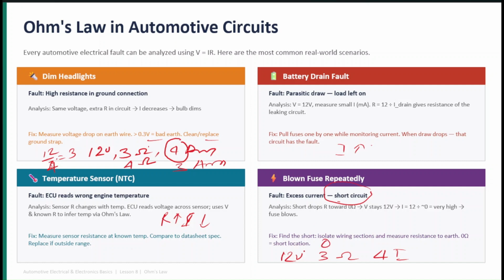If resistance is becoming 0, then what will happen? Current is equal to 12 by 0, which will become infinity. The current will become infinity. That means the fuse will blow off. So you have to find out where the short circuit is; those details you will be learning when we go for the circuits.